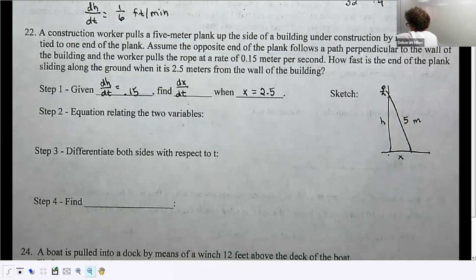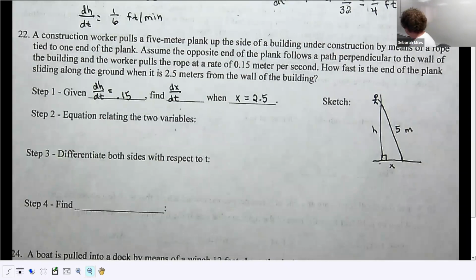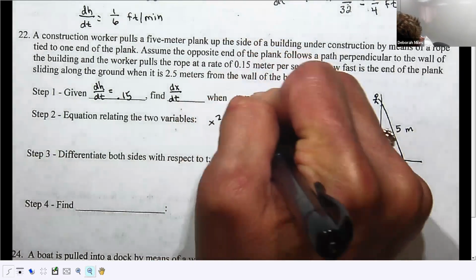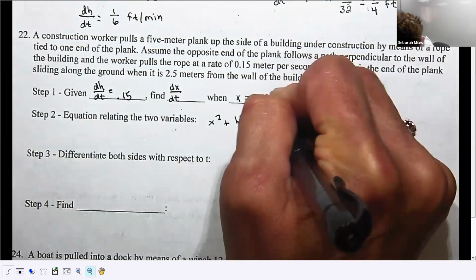It would depend on just the x and the h. You said it. Okay. That's a right triangle, assuming my building is standing straight up, assuming this is not the Leaning Tower of Pisa, then I can use the Pythagorean theorem and say x squared plus h squared equals 5 squared.